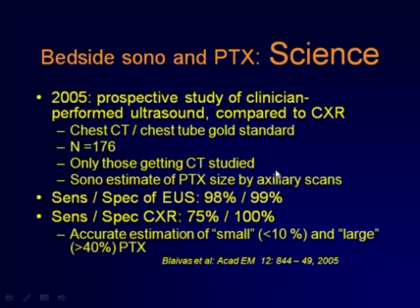In 2005, another study actually appeared to show that the sensitivity and specificity of emergency ultrasound was extremely high, almost 100%, and chest X-ray in this series was also much higher than has been reported elsewhere. And in this study, there was also an estimation of the size of the pneumothorax.